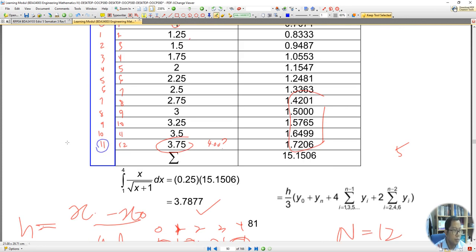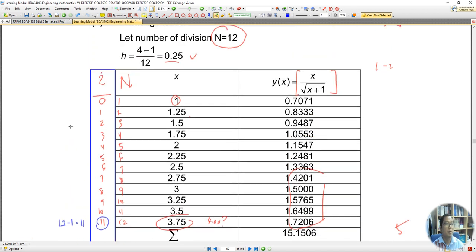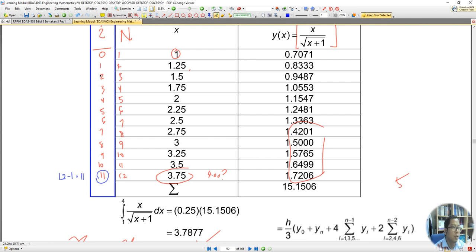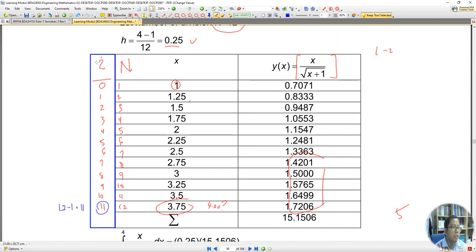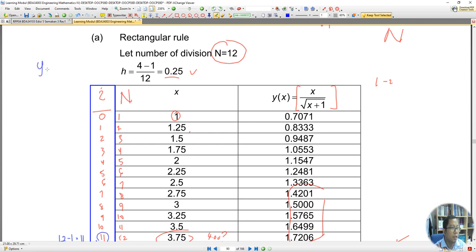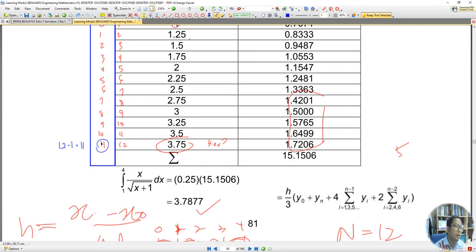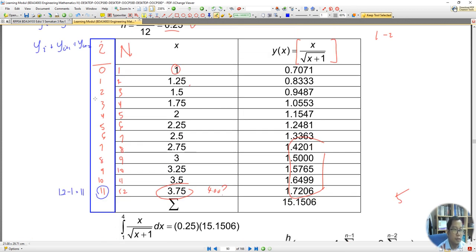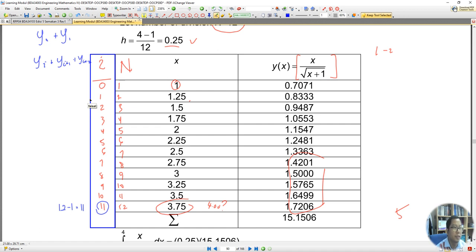This one is 11 because 12 minus 1 equals 11. So they start from 0, 1, 2, 3, 4, 5. This is the i. So y0 plus y1 is actually yi plus yi plus 1 plus yi plus 2, something like that, until y11, that is its iteration. I think you get the point.